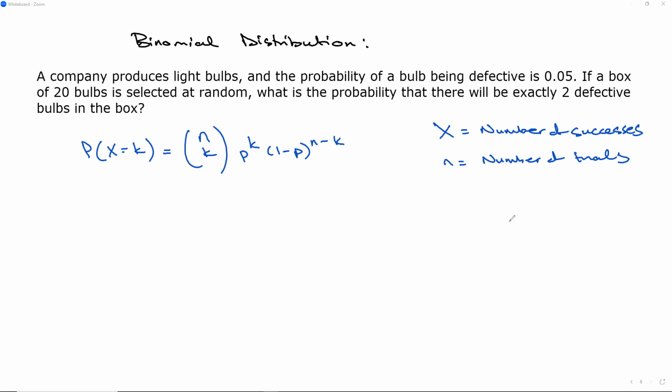And we're saying that n is the number of trials. k is going to be the number of successes as well. And p is the probability of success.